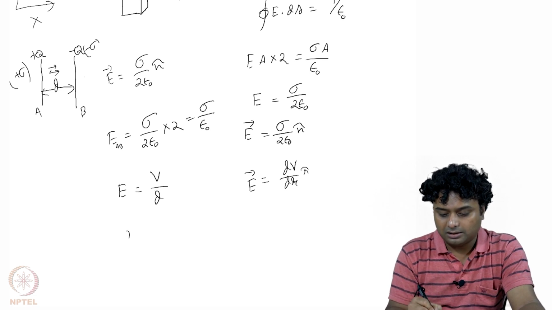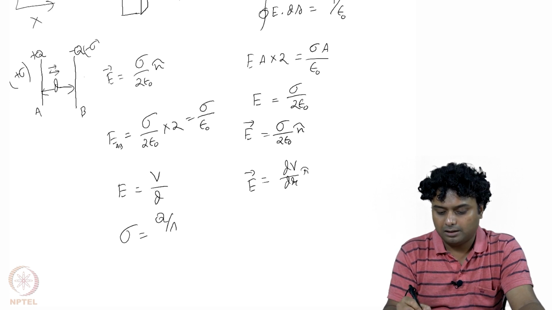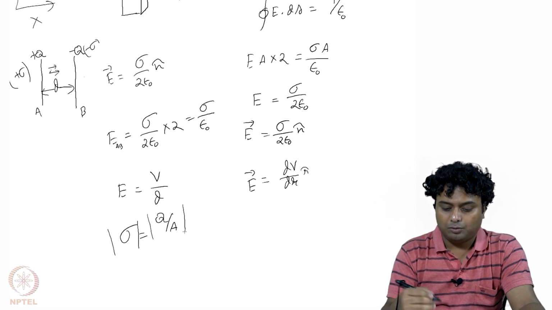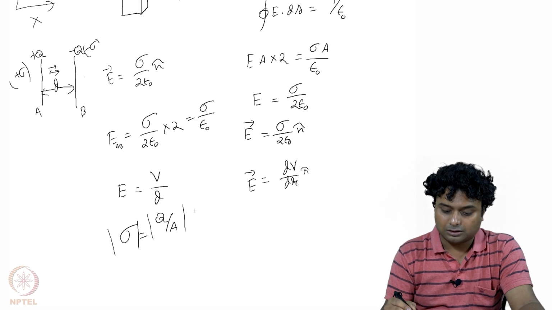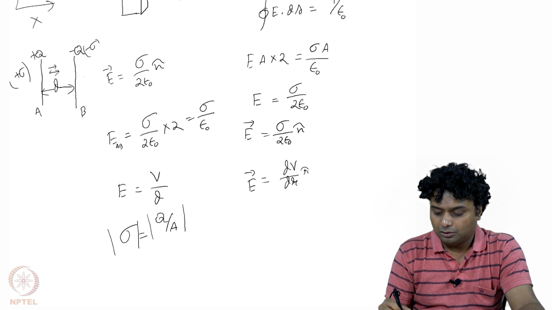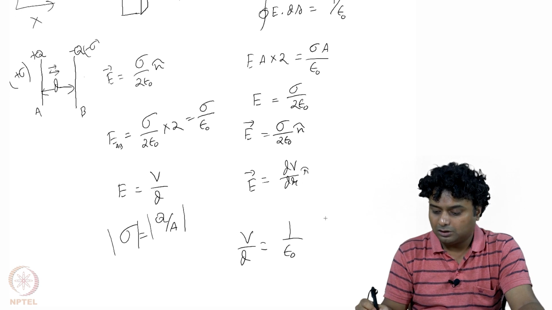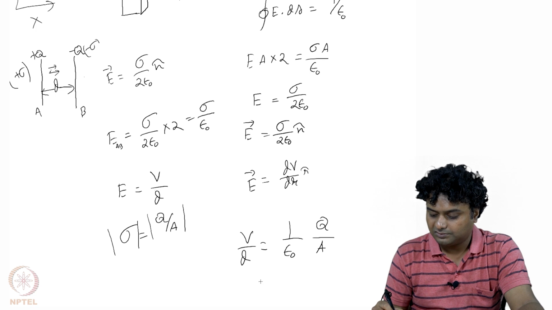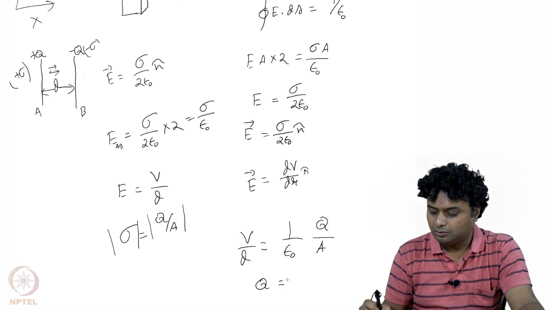Another thing is that mod of sigma is equal to mod of Q by A. If we put these expressions in the electric field, we get E equals V by d equals 1 by epsilon naught times Q by A, or Q equals epsilon naught A by d into V.